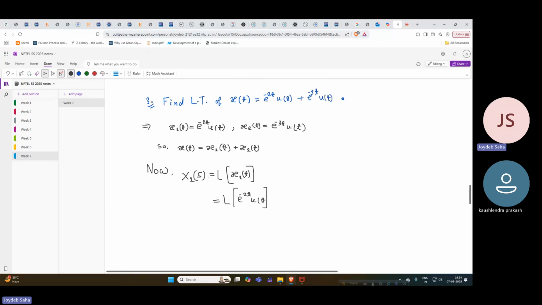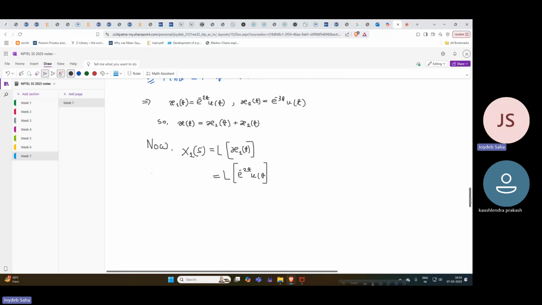So we already know that the Laplace transform of e to the power minus at u(t) is 1 upon s plus a.